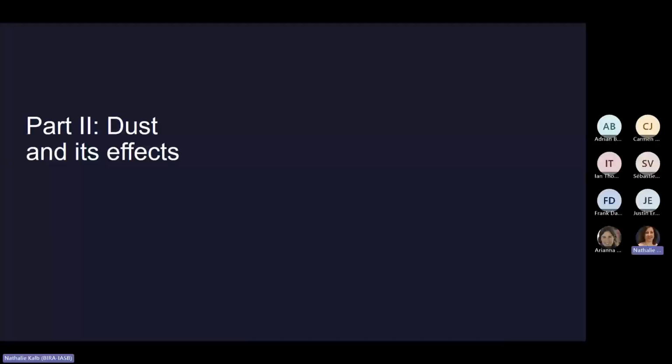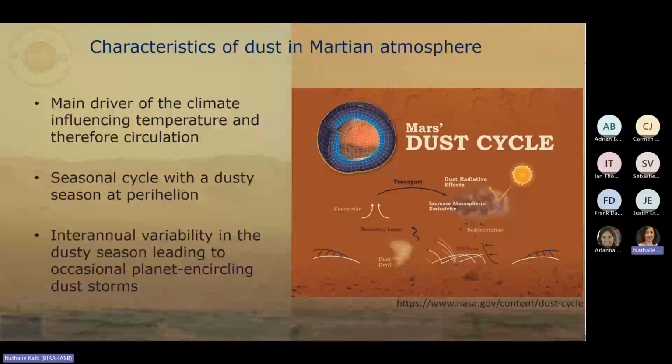Okay, so the next part is dust. We've heard most of this before, so I won't spend too much time, but we know it's the main driver influencing temperature and circulation. We know that it has a seasonal cycle with the dusty season around perihelion. And we've seen the interannual variability, where we occasionally have a planet-encircling dust storm.